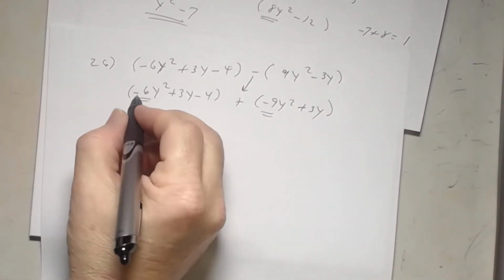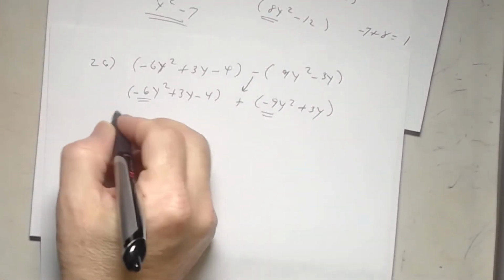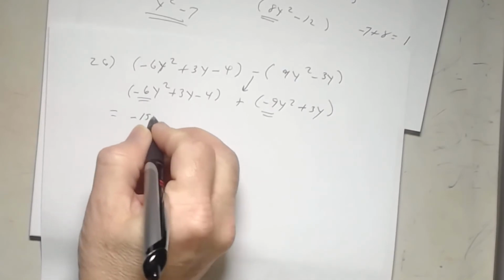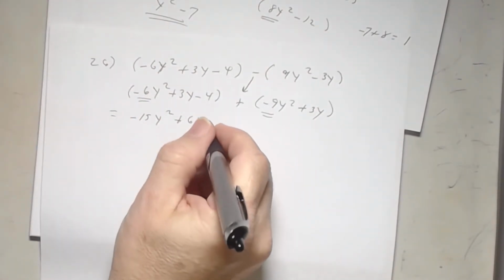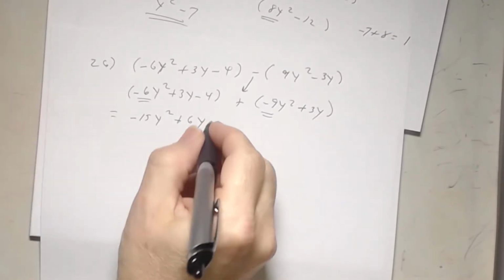So negative 6y squared and negative 9y squared becomes negative 15y squared. Then what other terms would I combine next? 3y and 3y. What's 3y and 3y? No, not 9. 6, right? It's all right. Plus 6y. And then the only thing left is the what? Negative 4. And that's it.